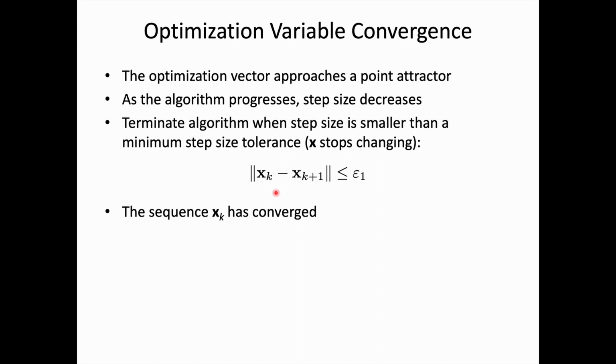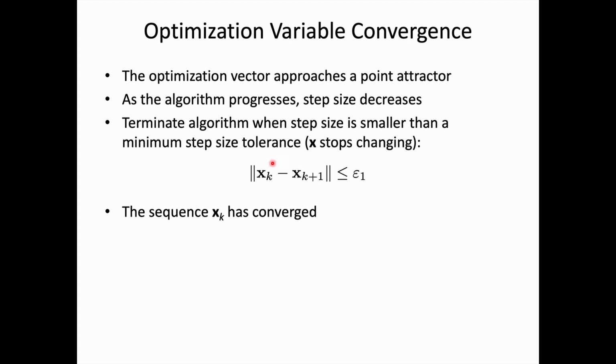We can take a look at 2 points in the sequence, x_k and x_{k+1}, and we can then look at how far we moved. Here, this indicates I'm taking what's called the Euclidean norm or the L2 norm, or in other words, the distance between x_k and x_{k+1} in a Euclidean space sense.